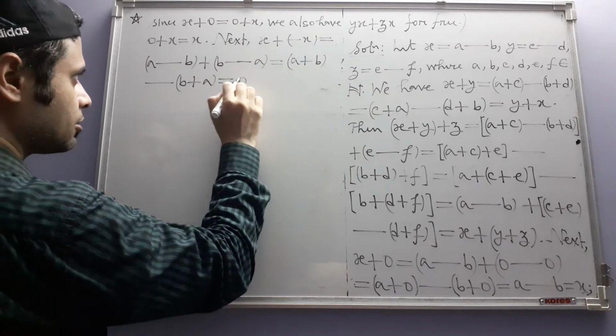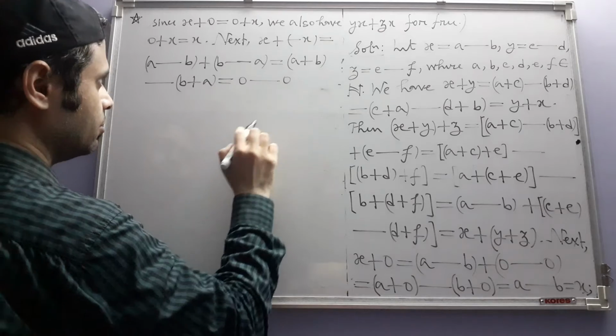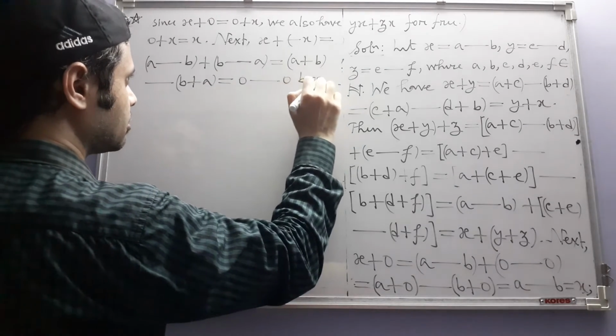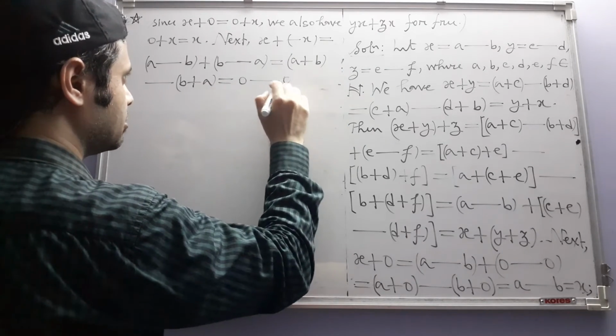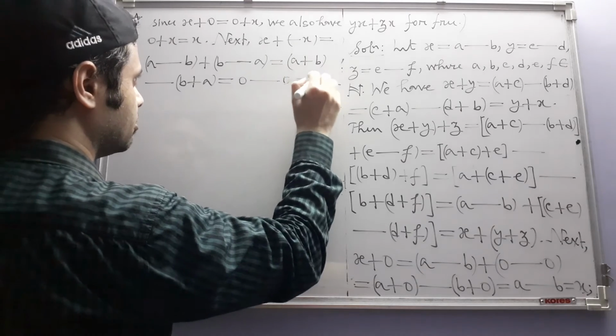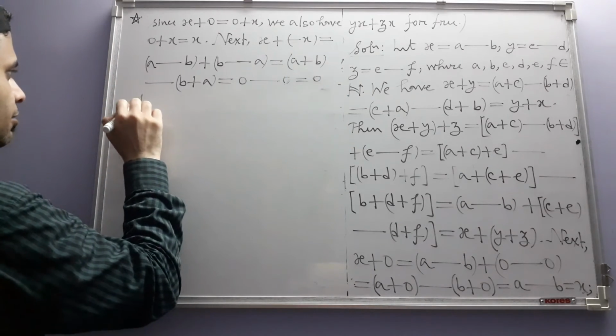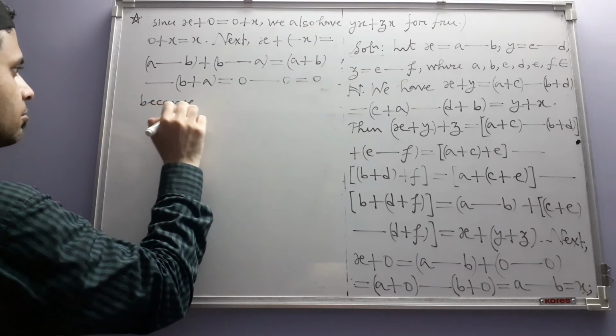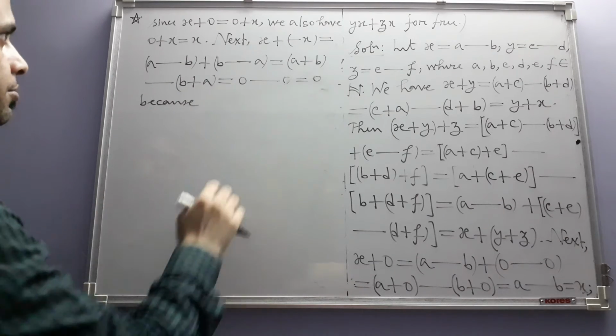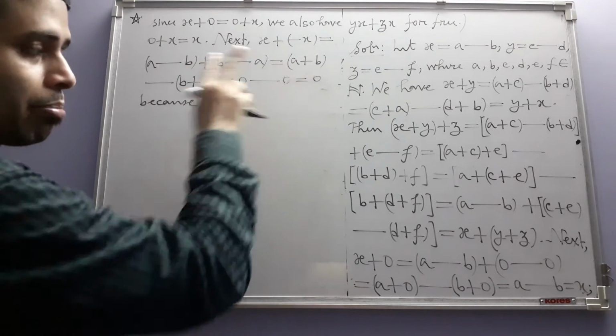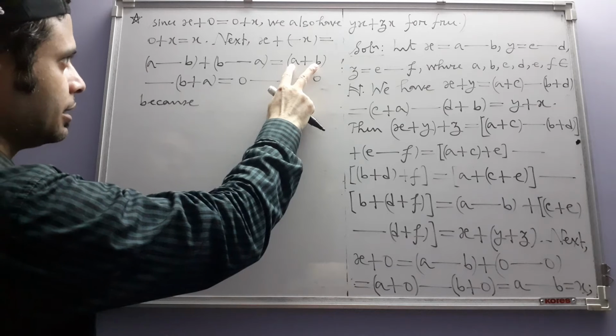And this is equal to 0 dash 0. In fact we can write 0 dash 0 equal to 0, because we have to say why that is true. Now apply the definition of equality of integers.